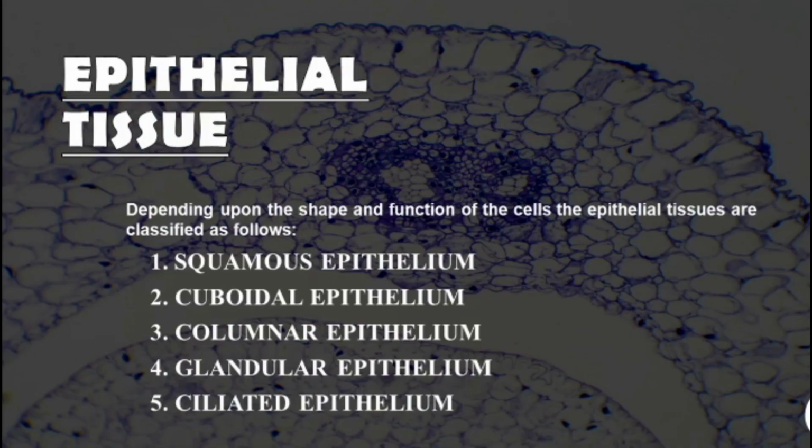The epithelial tissue is again classified into 5 types, depending upon the shape and function of the cells. They are classified as follows, namely squamous epithelium, cuboidal epithelium, columnar epithelium, glandular epithelium, and ciliated epithelium.